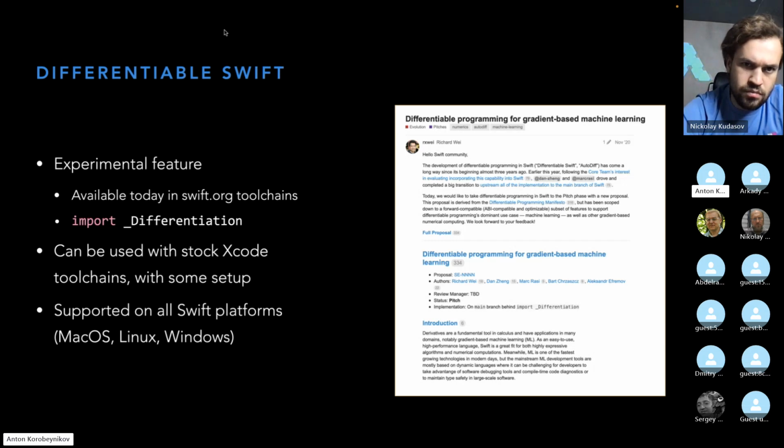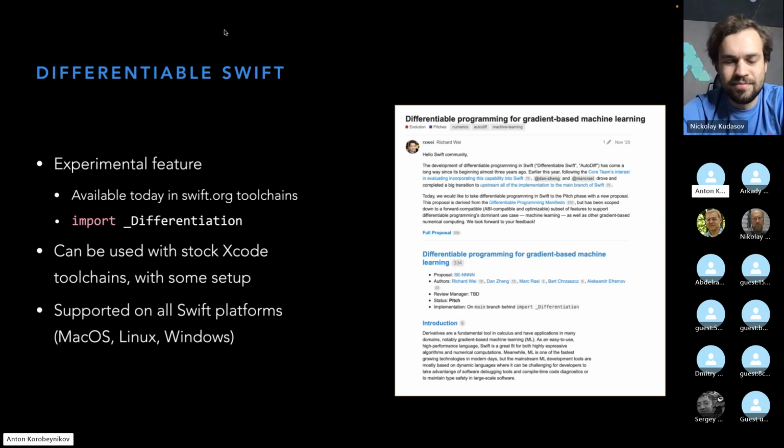The only thing that you need is to import the module itself. And as I said, it can be used with stock Xcode toolchains with some setup. There are some things that might be done if you would like to use that for more embedded devices like iPhones or iPads or whatever. But still, it can be done.